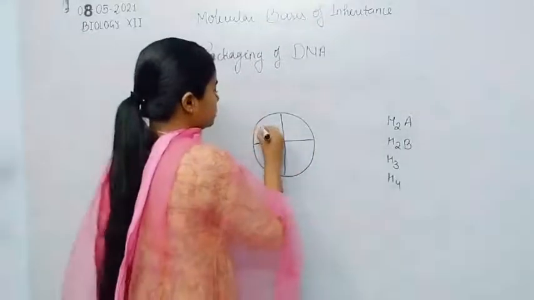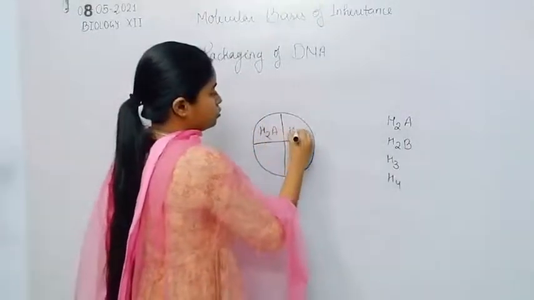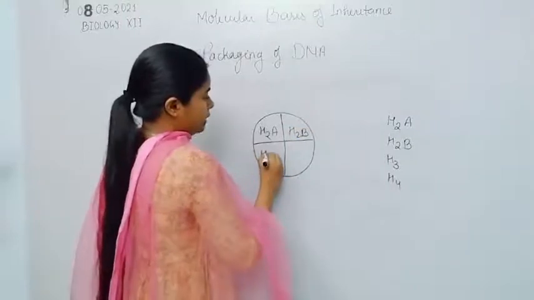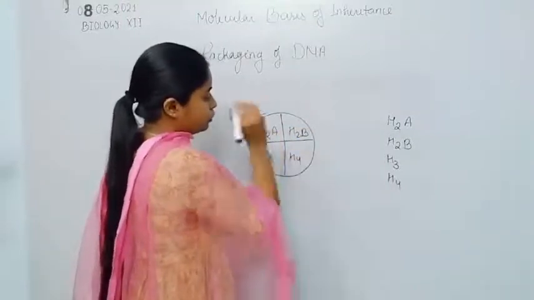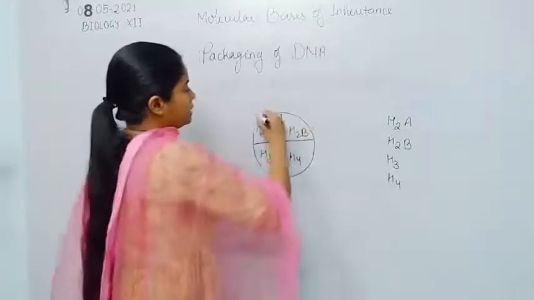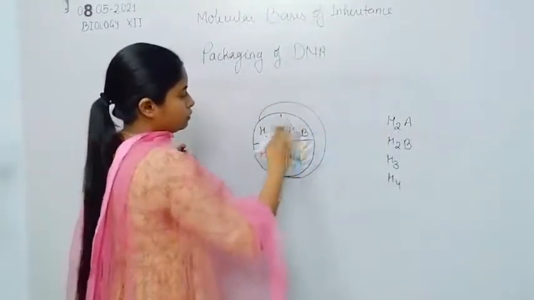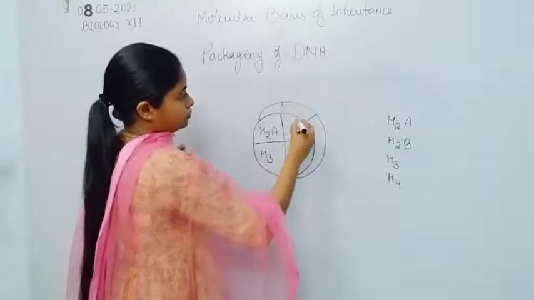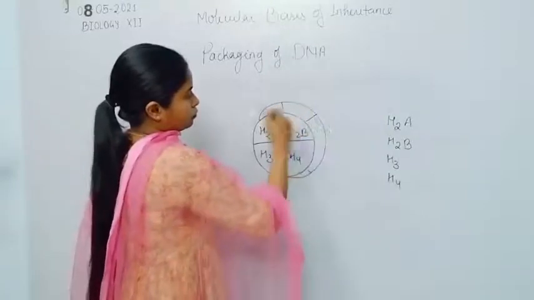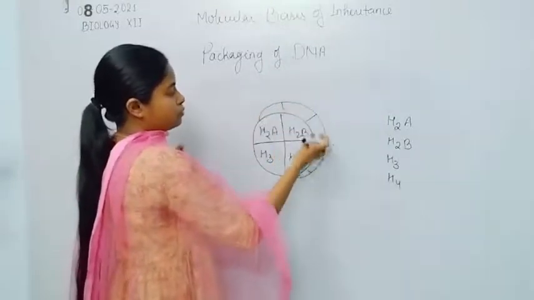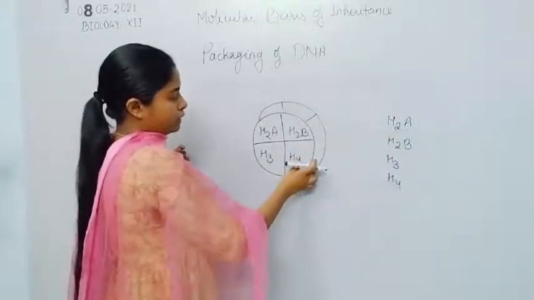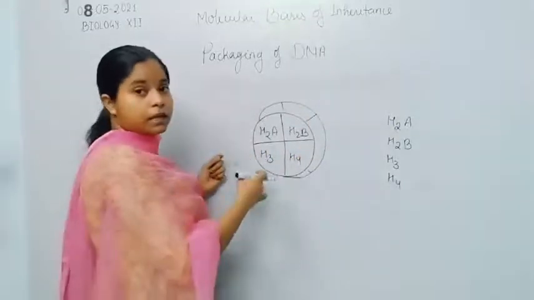Here is H2A, H2B, and H3. Here is H4, and another subunit is present just behind. For example, H2A, H2B, H4, H3. Here is H3.